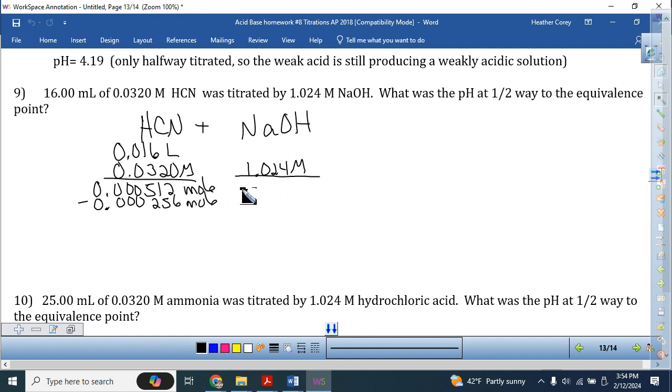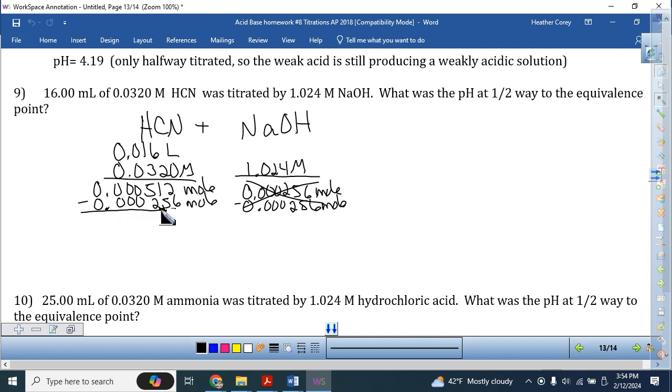So I'm only going to add 0.000256 moles of the NaOH, and I'm going to use all of it when I add it to the HCN. So I'm not going to have any of this in excess.